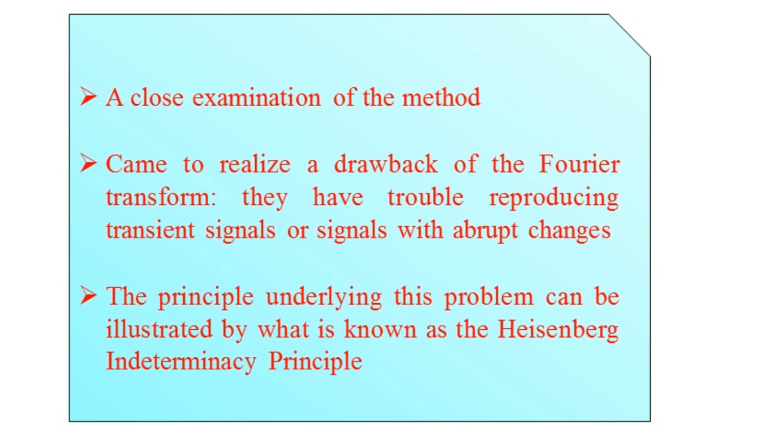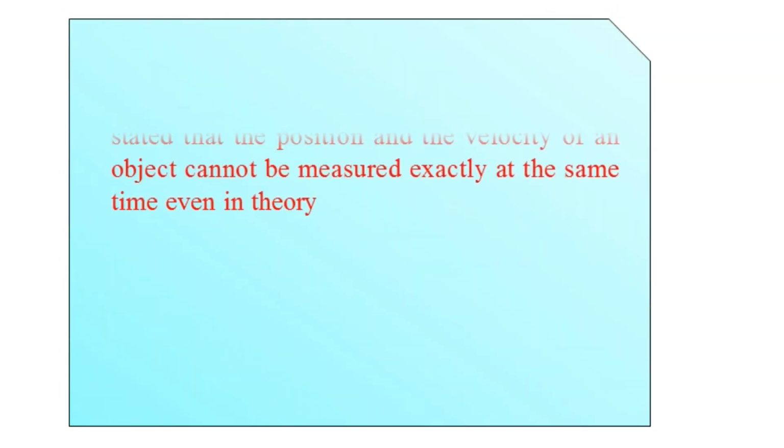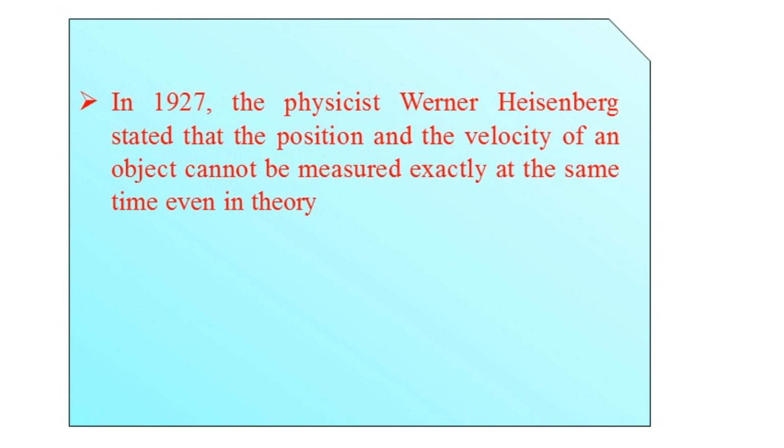So in continuation to this identification, more information can also be added that was found in the year 1927, where this particular physicist, Werner Heisenberg, stated that the position and the velocity of an object cannot be measured exactly at the same time, even in theory.